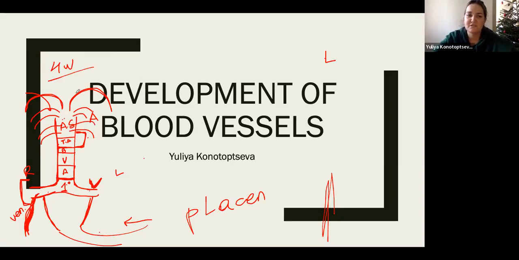What makes these arches arches? Why do we call them an arch? Well, because it has a beginning and it has an end. The beginning of the aortic arches is the aortic sac. Where do all of the aortic arches drain into? They drain into a vessel that was formed by vasculogenesis, and these vessels are known as the dorsal aorta.